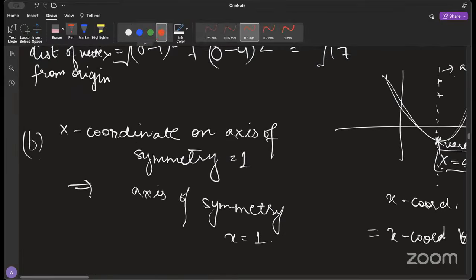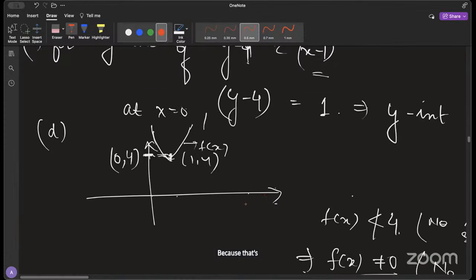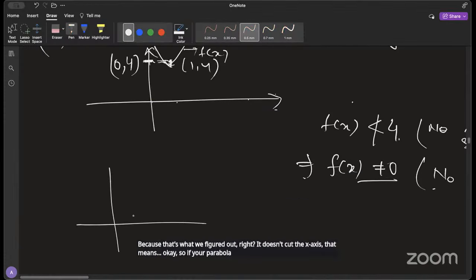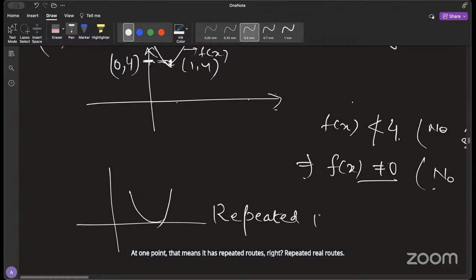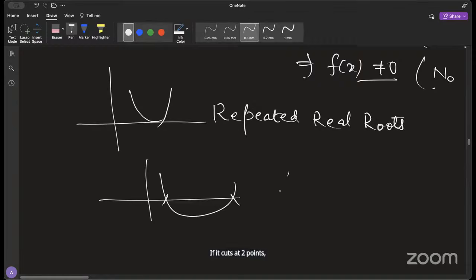And our option says that the parabola is a function which has two unreal roots, which is true, because that's what we figured out, right? It doesn't cut the x-axis. If your parabola cuts the x-axis at one point, that means it has repeated real roots. If it cuts at two points, then it has two distinct real roots.